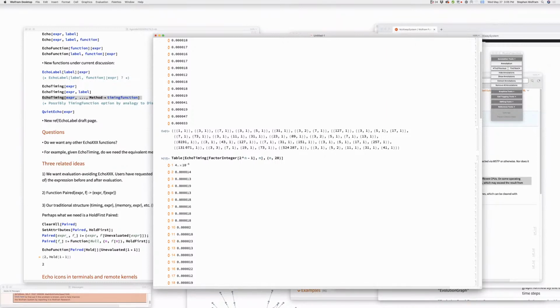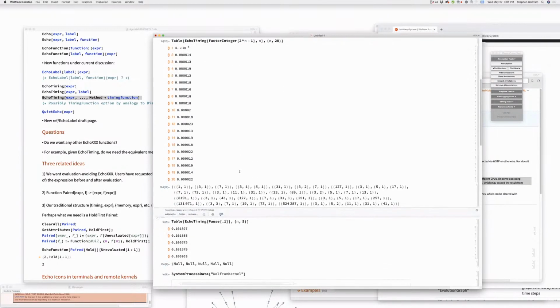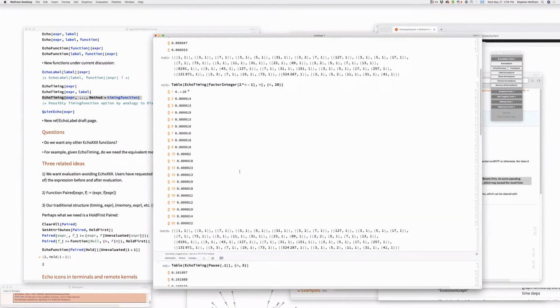Quantity, something or other quantity. Right. That's a decent idea. Actually, that might be a way out of your previous discussion if we introduce a new timing function that returns a quantity. Yes.